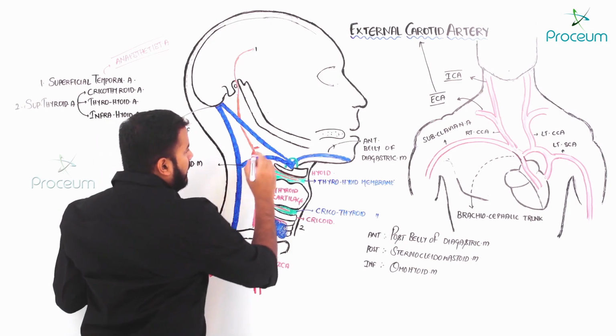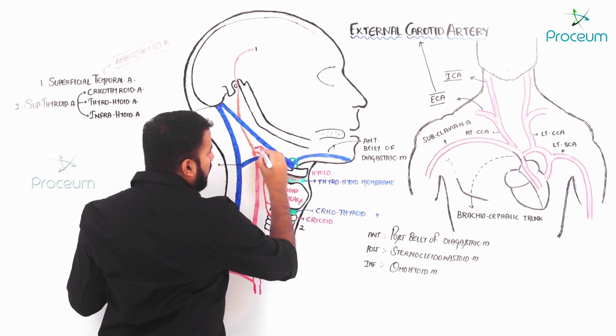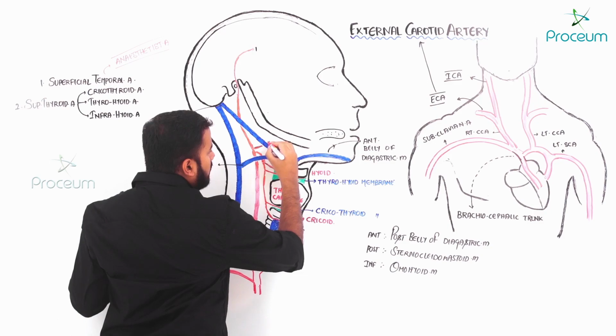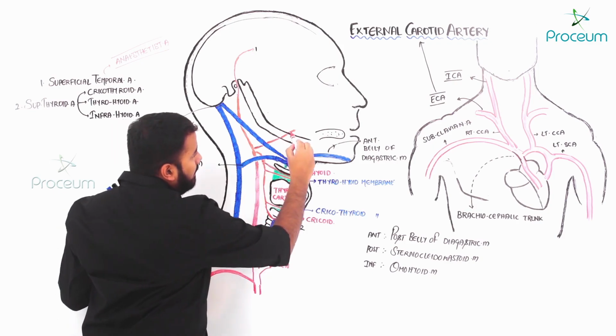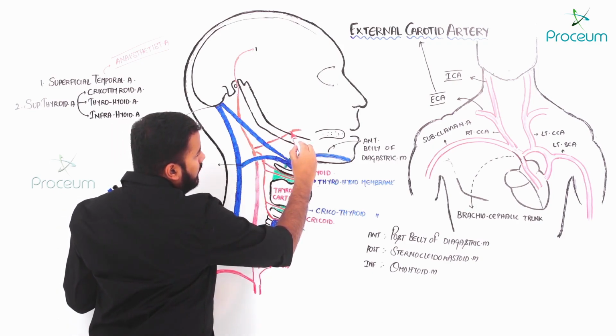Look here. This artery comes all the way like this, passes over the mandible, enters into the face, and supplies your tongue.